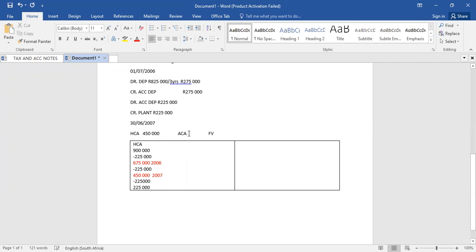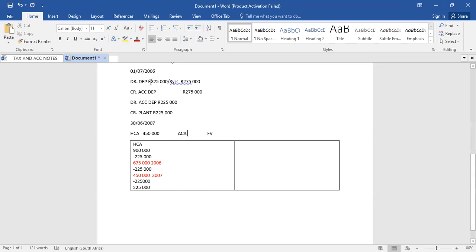Then our actual carrying amount will be how much in 20x7? Guys, how much is our actual carrying amount? It's 550.